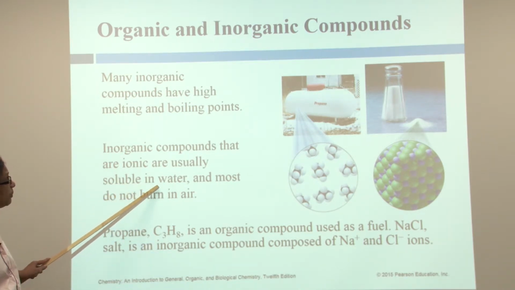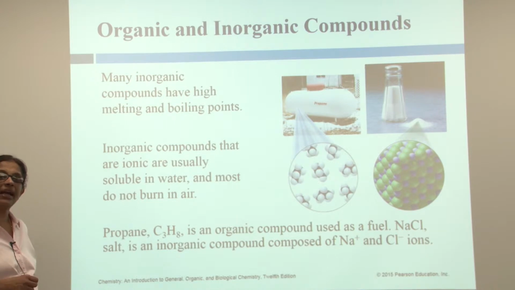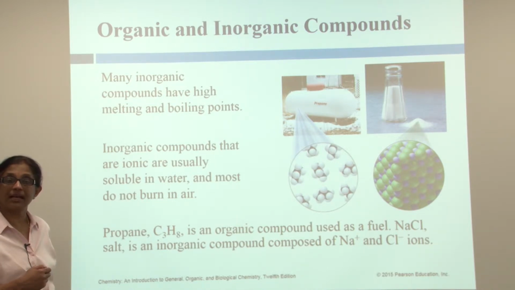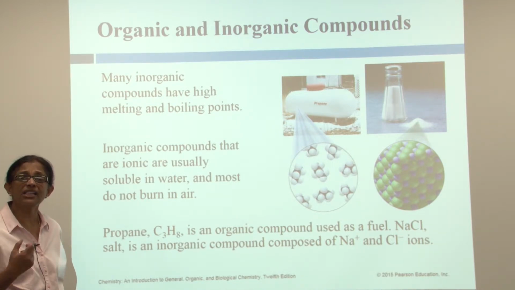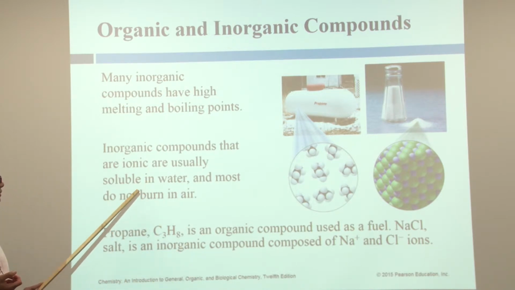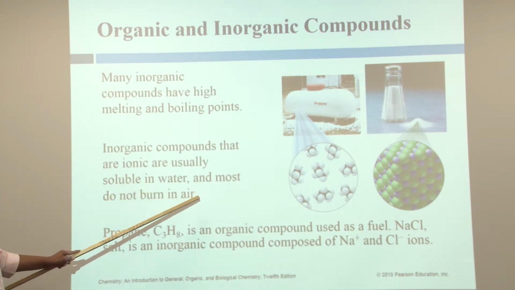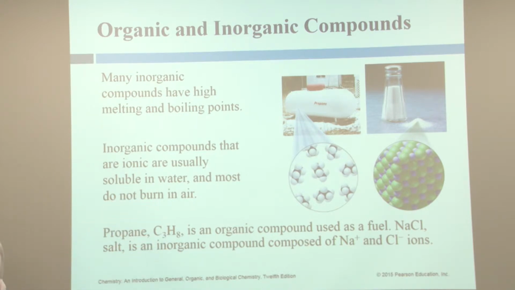They're usually soluble in water. Remember, we had discussed in the previous slide that organic compounds are insoluble. Inorganic compounds are soluble mostly and do not burn in air. And they have high melting and boiling points. So let us look at a formula for a hydrocarbon: carbon, hydrogen. This is an organic compound.